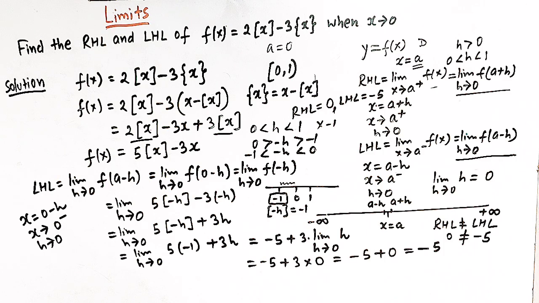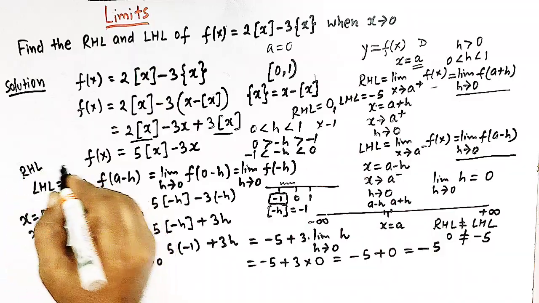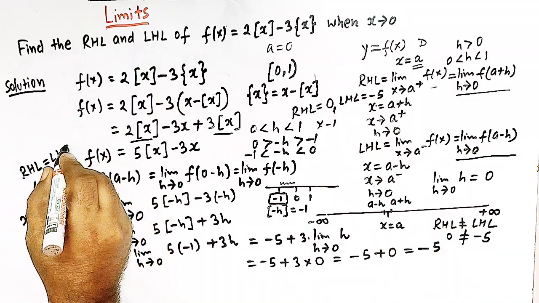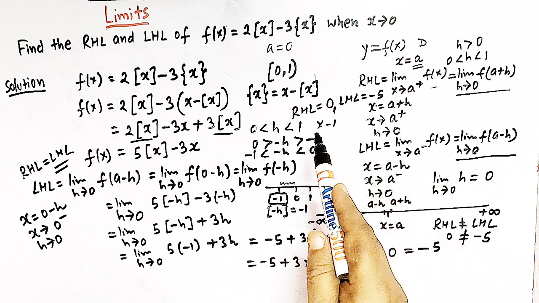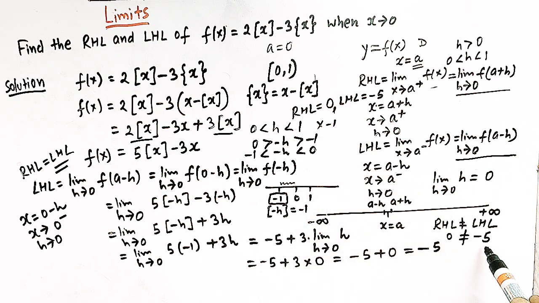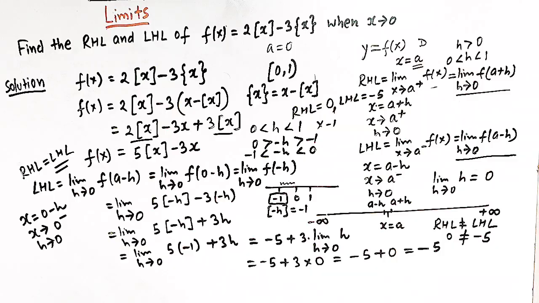They should be finite, and moreover the right hand limit should be equal to the left hand limit. But in this case the right hand limit is 0, the left hand limit is -5, and both limits are not equal to each other. So the limit of this function when x approaches 0 does not exist.